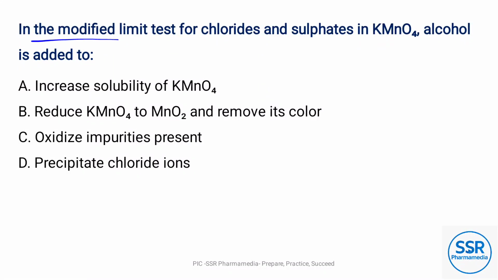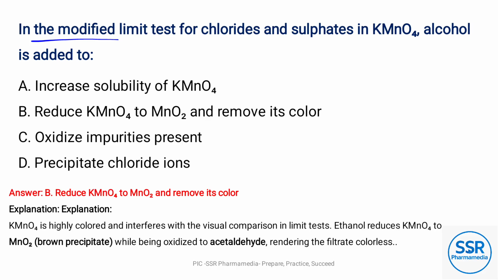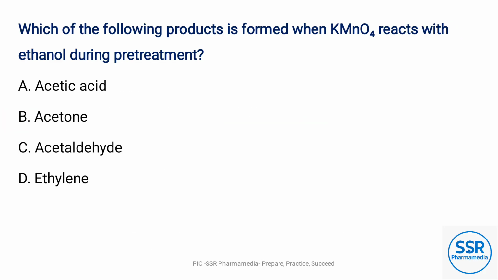Question: in the modified limit test for chlorides and sulfates, in potassium permanganate, alcohol is added to? The answer is option B: reduce potassium permanganate to manganese dioxide and remove its color. Next, which of the following products is formed when KMnO4 reacts with ethanol during pre-treatment?